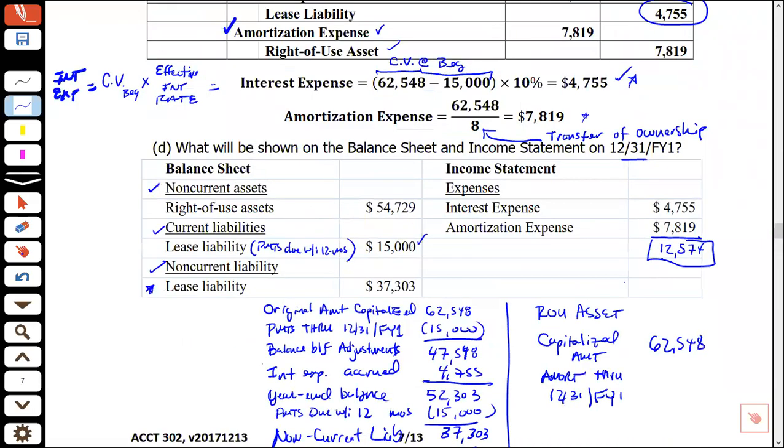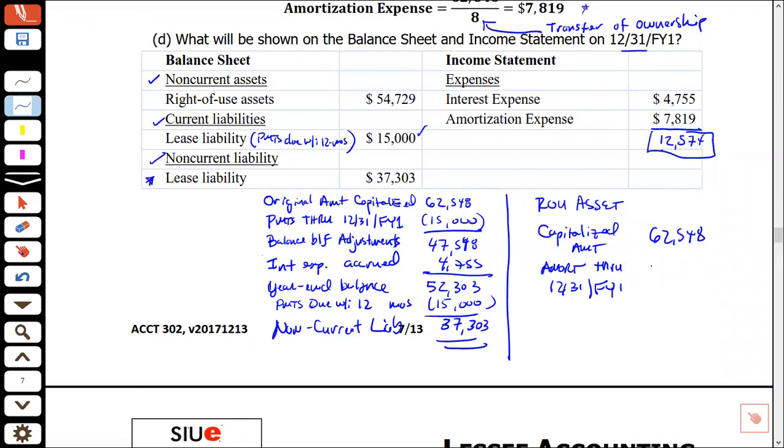So we just have 1 year of amortization, which was 7,819. Once again, crank out your calculator. If you find out that I'm wrong, I'll give you 5. 62,548 minus 7,819, and how about that? It's correct, 54,729. So that one is pretty straightforward.